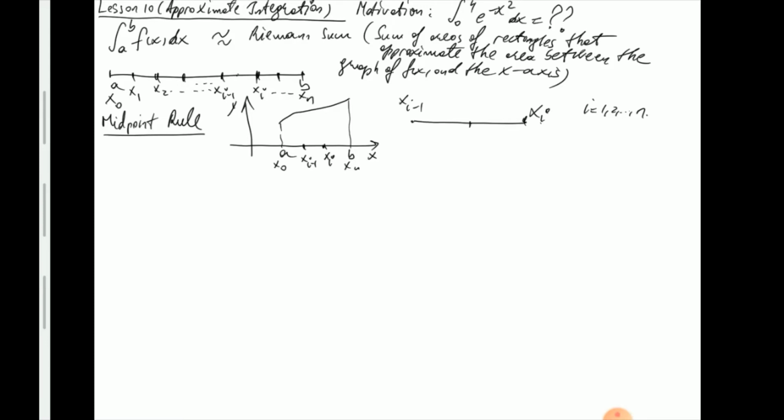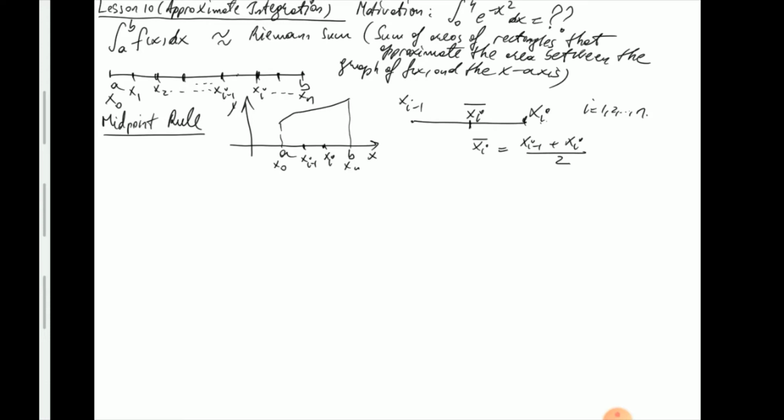And we're going to choose the midpoint where we raise the perpendicular to construct the rectangle. We're going to denote the midpoint by x i bar, just to make an association with the index of the endpoints of the subinterval. A quick formula to find the midpoint of any segment is the semi-sum of the endpoints, the sum over 2.